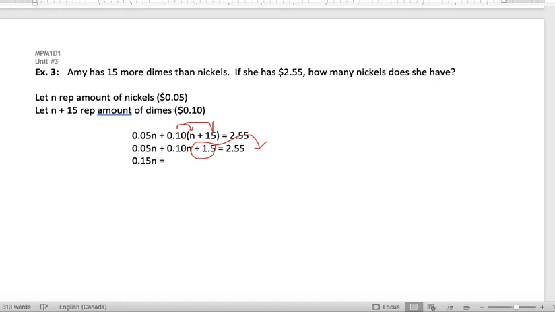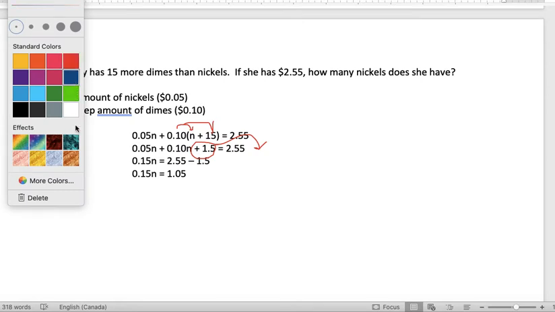So this is going to be equal to 255 minus 1.5. So my next step, I'm going to have 0.15n is equal to 1.05. So at this point is where we are going to isolate our variable.